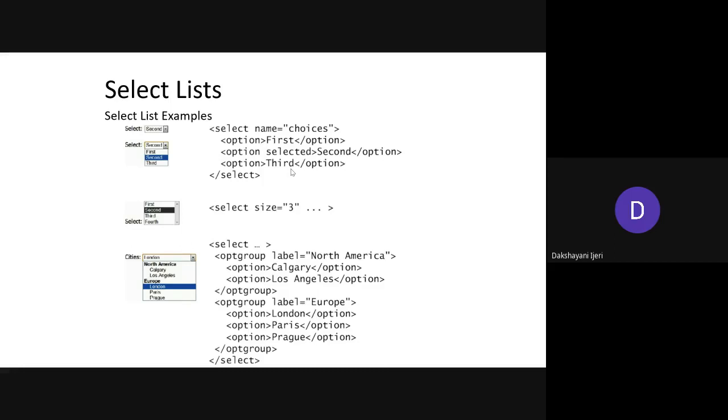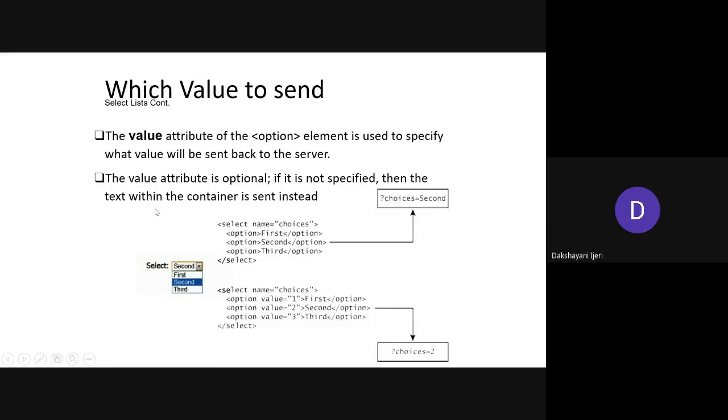How that is sent depends upon the proper attributes that you use in all the elements that you define here. For this select, the value is the one attribute that you have to use with every option to get distinguished. The name is not able to distinguish among all the options.